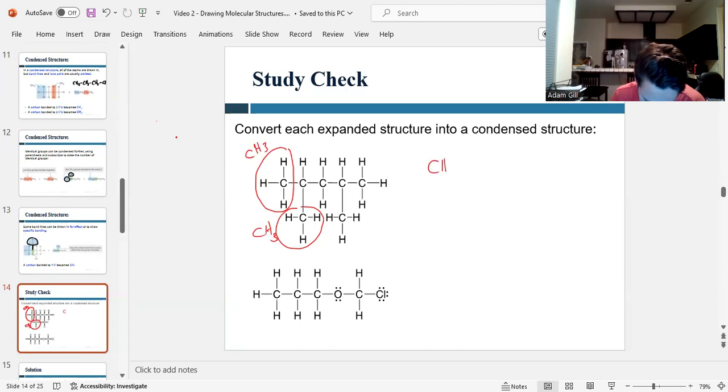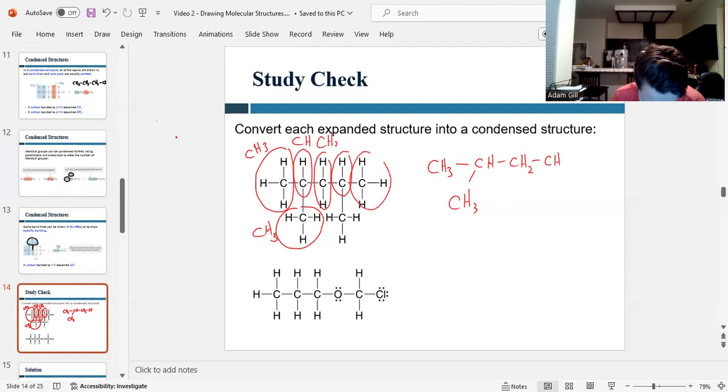So we've got CH3 and CH3, and they're both connected to the same CH. So I'm going to connect these both to a CH. And then the next thing we've got here is a CH2. And then it looks like we've got a CH, and he's connected to a CH3 and another CH3.